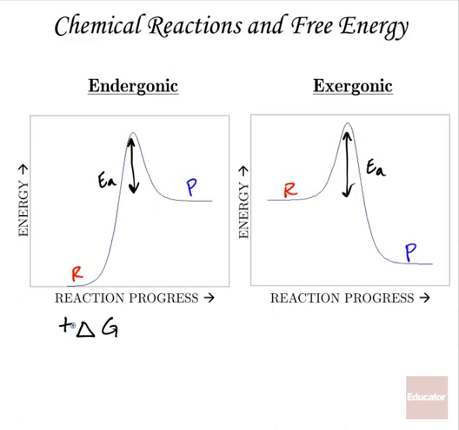Meaning endergonic, positive delta G, non-spontaneous. In this reaction, the reactants have a higher energy than the products, meaning they're giving energy off to the system, meaning it's exergonic. The delta G is negative, and it is likely to occur, right? Spontaneous.